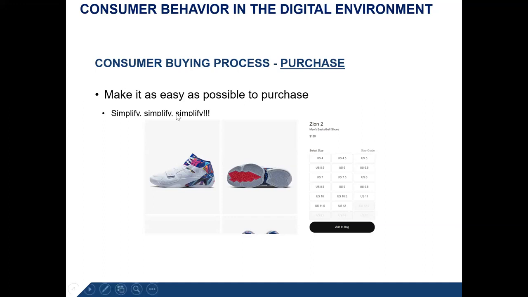So the idea is to organize the website in a very simple fashion. The product should stand out along with the specification for the product that matters the most. For example, this is for shoes. Now in shoes, what is the most important thing? It is your shoe size. So that is what is listed here. Nowadays, shoes and apparel are categories where specifications tend to vary. What is US 4 for Nike might be equivalent to US 5 for Adidas.